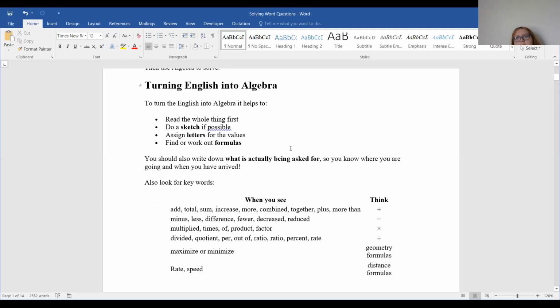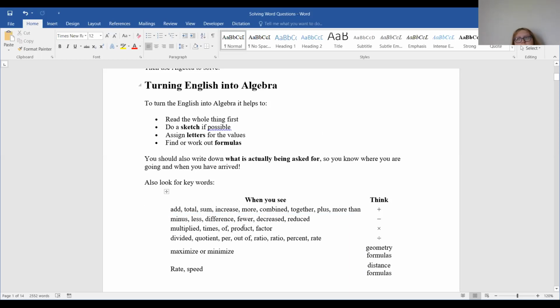And so what we want to do now is ask ourselves, what do we know? Well, when you see words like add or total or increase or plus or more than, we're going to see a plus sign in our equation. Minus or reduced or fewer is a minus sign.